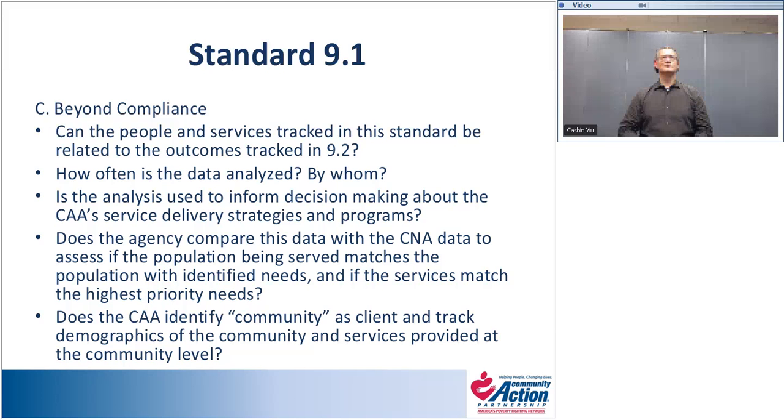Does what you're doing match what your community needs assessment indicated? And the same with the service level. Are your services addressing the highest priority needs? And then this whole idea of community as a client. We think of this as family tracking, but it doesn't say that. It says the client, and if your client is the community, how do you track that community level process?